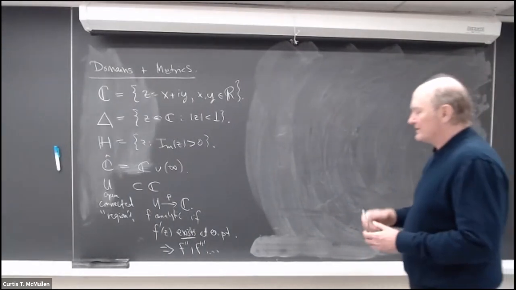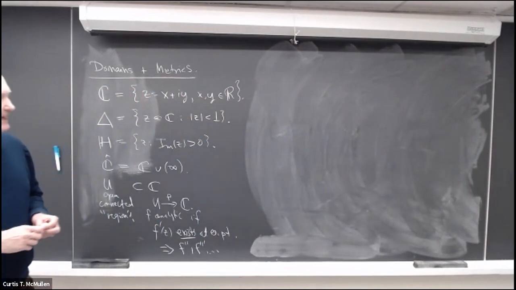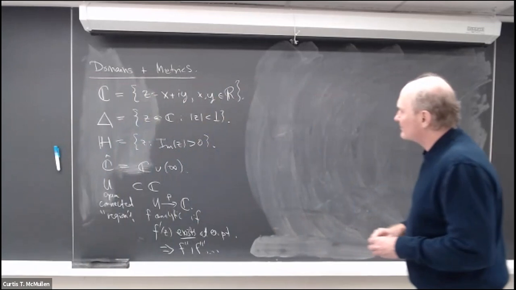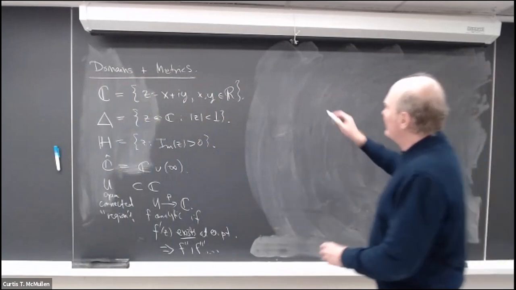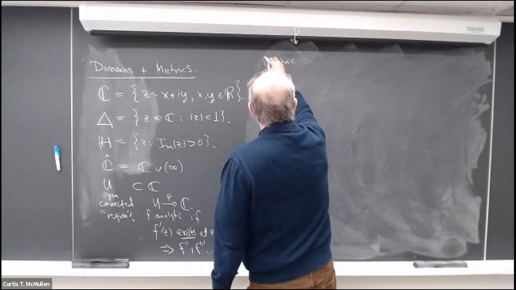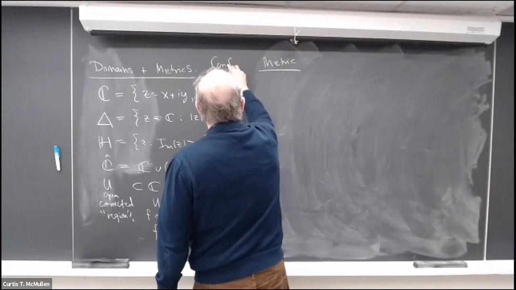And in fact, we'll see that metrics themselves come up over and over again in studying analytic functions. So let me say what a metric is. We'll be interested in not just any metrics, but what are called conformal metrics.